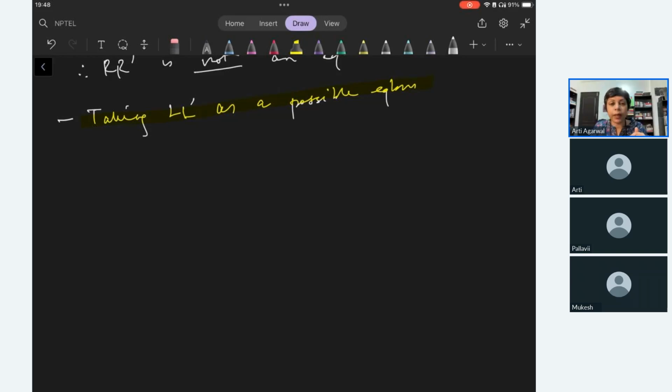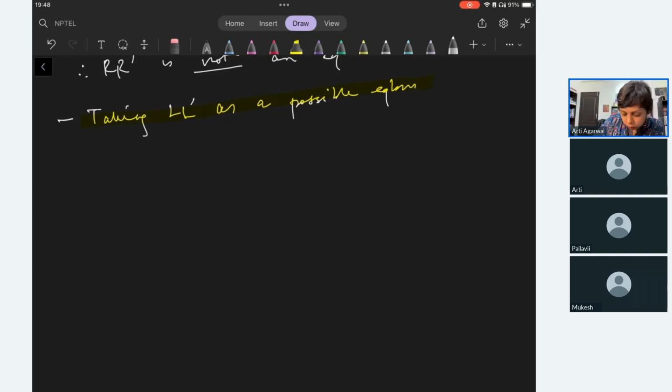But for L and L prime, the payoff is the same for both of them. There is no action for player 2, and he doesn't have any information about player 1. So in this case, he's not going to take Q as equal to P. That is the main important understanding.